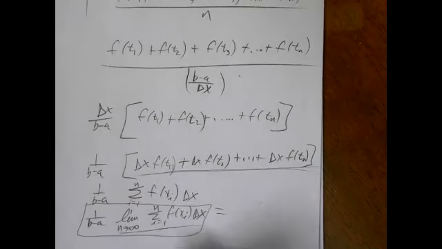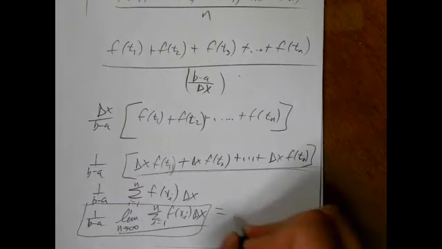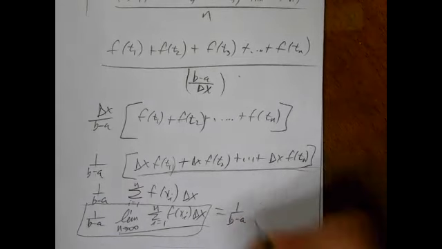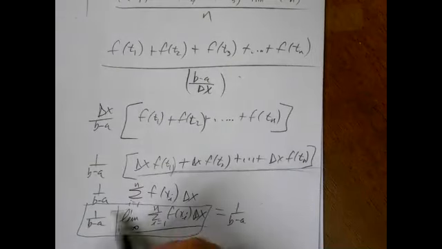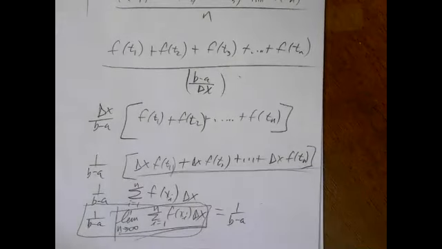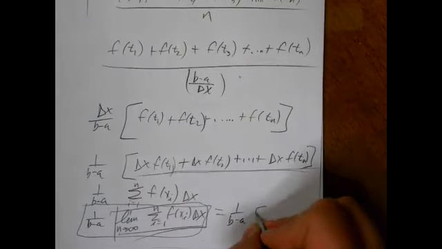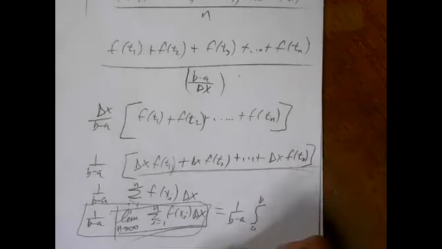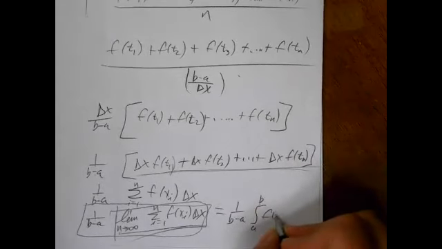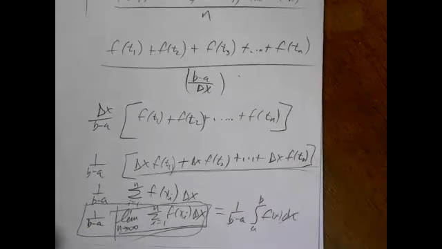But this part can be more easily written. The 1 over (b minus a), there's really no way to incorporate that other than 1 over (b minus a). But this portion of your average calculation can be rewritten as an integral. It's just the integral from a to b of f of x dx.